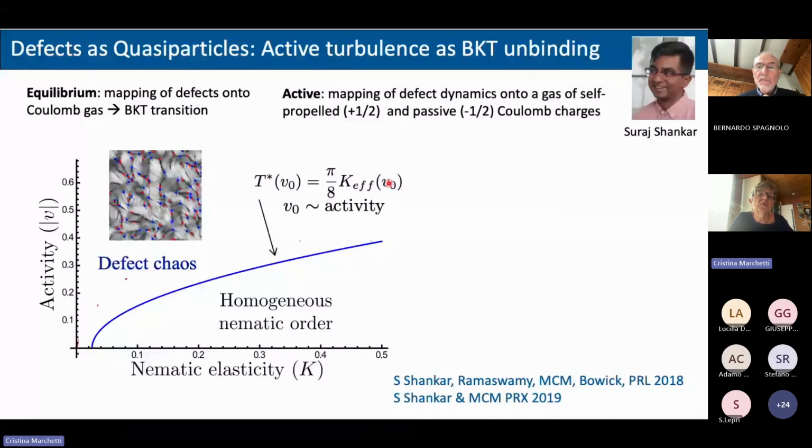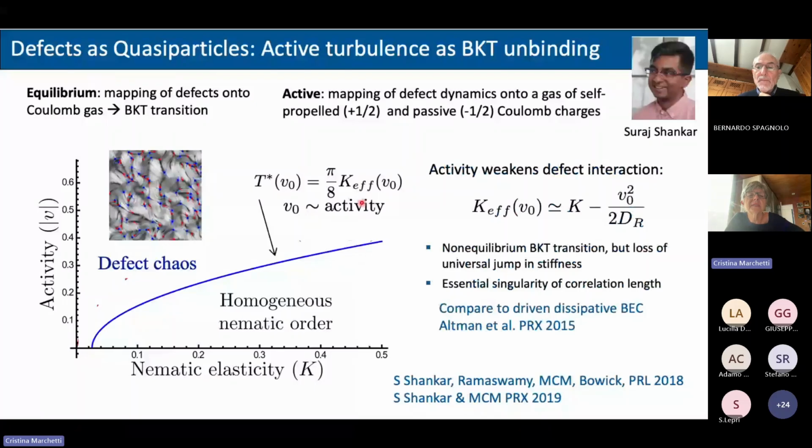Again, this v0 is the propulsive speed of the plus 1/2 defects, which is controlled by activity, and it renormalizes the effective stiffness in a way proportional to the square of activity, and this parameter D_r controls the noise in the system.